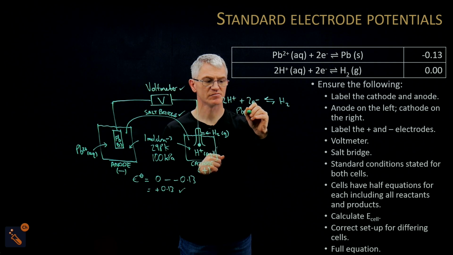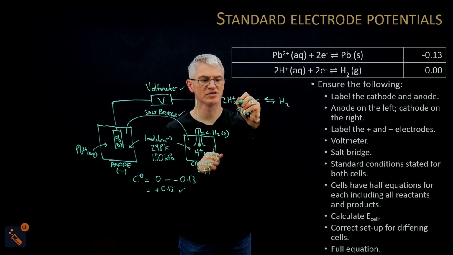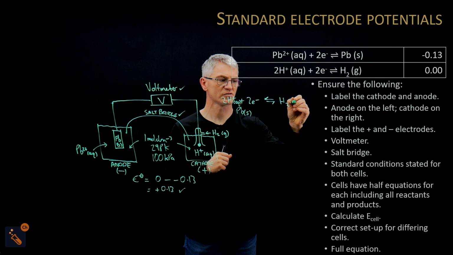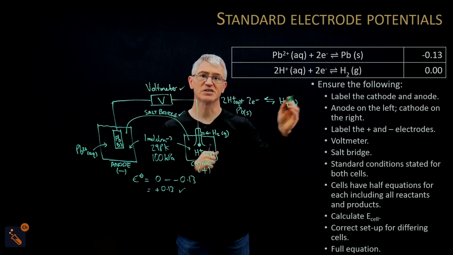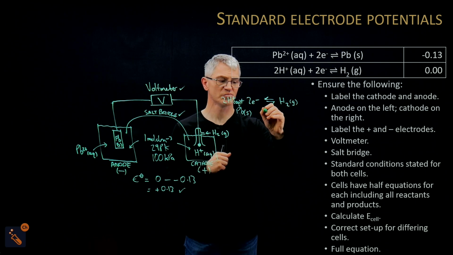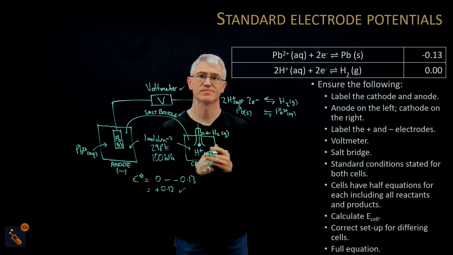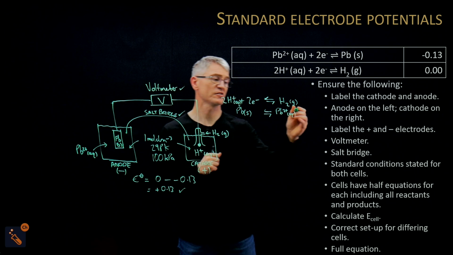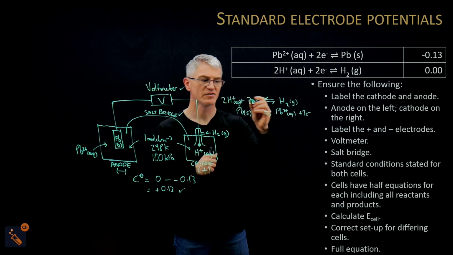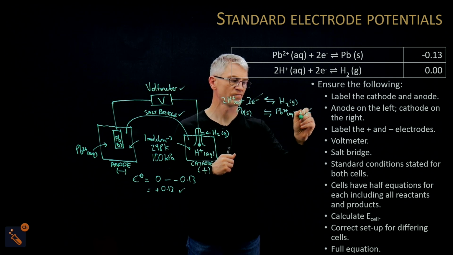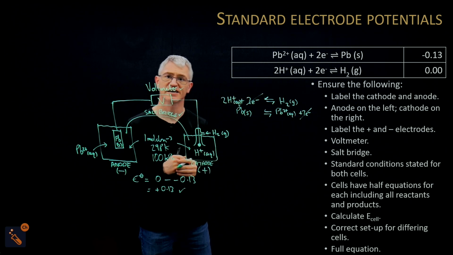So Pb is going to be solid. That's going to be aqueous. It's going to be gas. Okay, Pb solid is going to Pb2+ aqueous, plus those 2 electrons. Those 2 electrons cancel.